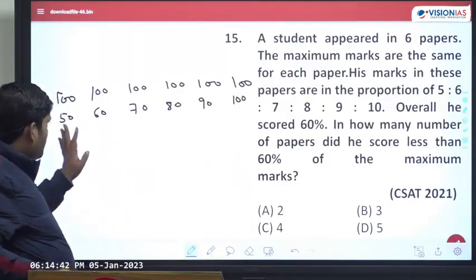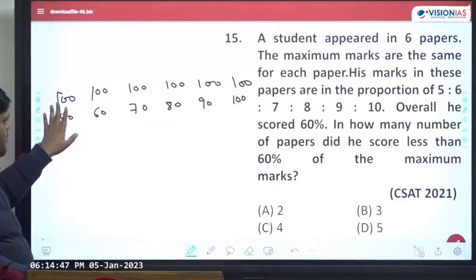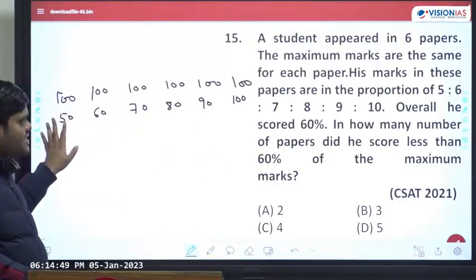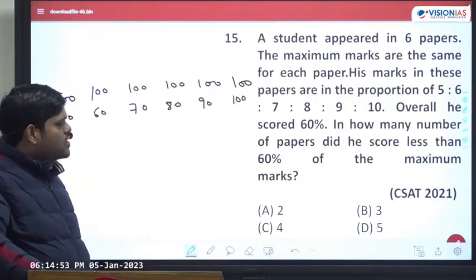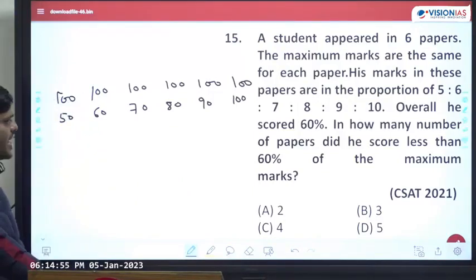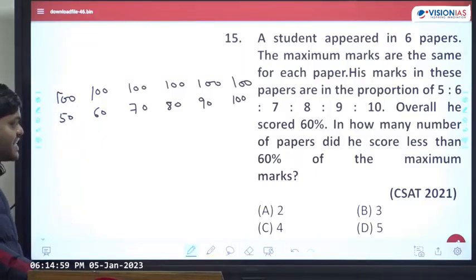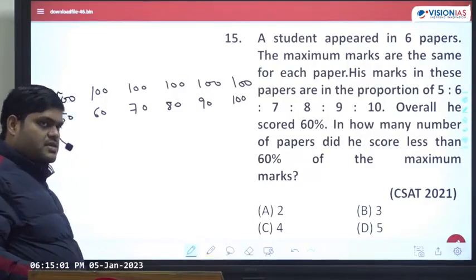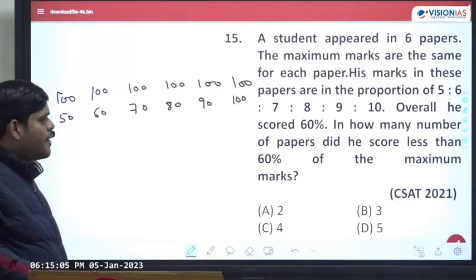Now this is the maximum marks and this is the proportion of marks. Overall, he scored 60%. In how many papers did he score less than 60% of the maximum marks?